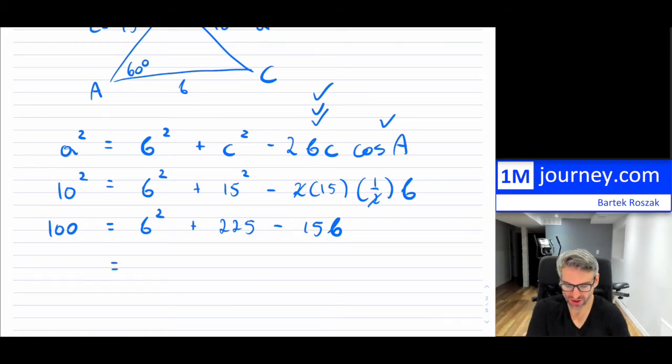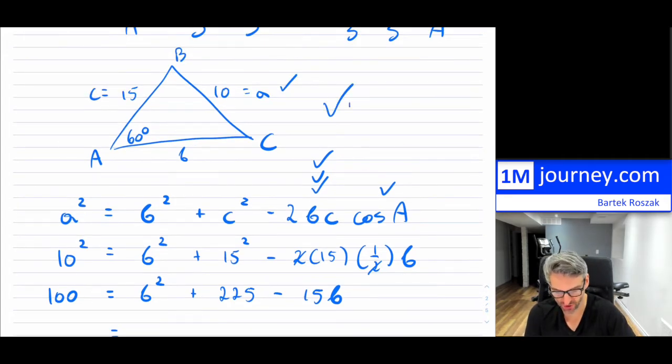Now, rearranging this, I'm going to have a quadratic, right? A quadratic is going to have two solutions for b. And now we want to see what those solutions are, and what happens to this triangle? How does this triangle actually look? And once we have the sides, we can certainly find the rest of the angles if we wanted by using either the cosine law or the sine law.